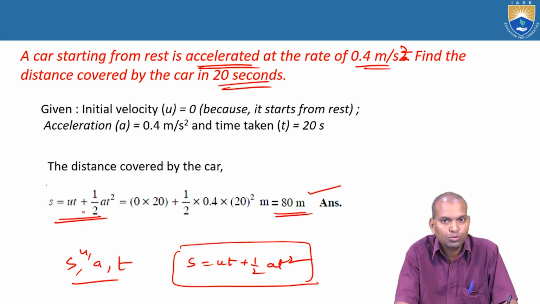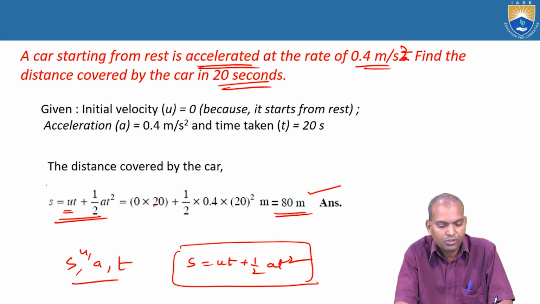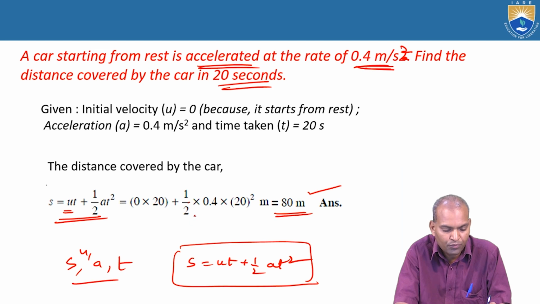s = ut + ½at². What is u? Initial velocity is 0, so 0 times 20 seconds, plus ½ times a, 0.4, times t, 20, whole square.